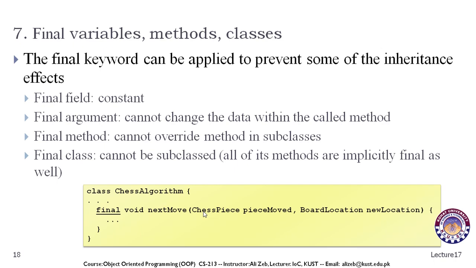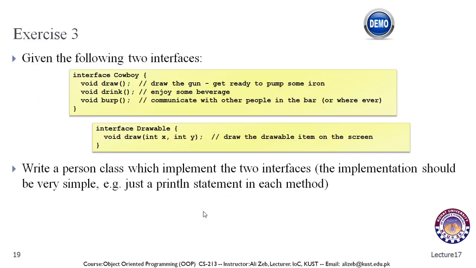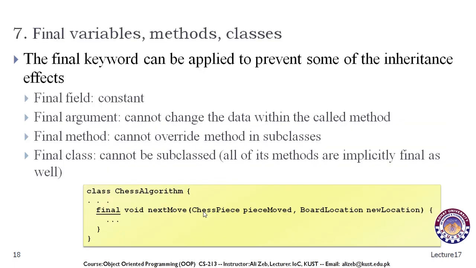So if we want to prevent a class from being inherited, then you can declare that class as a final class, and all of its methods are implicitly final as well. There might be situations where you need final classes, and those classes can then not be inherited.